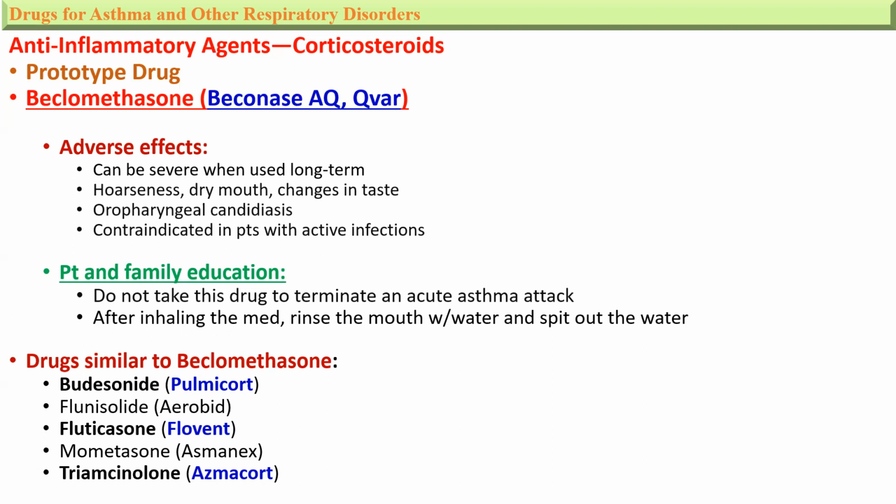The significance of the drug being contraindicated in patients with active infections is that it masks the signs of infection. The changes we anticipate during an infection, like pus drainage or exudates and temperature change, and all these symptoms of infection would be masked and not present due to the use of steroids.